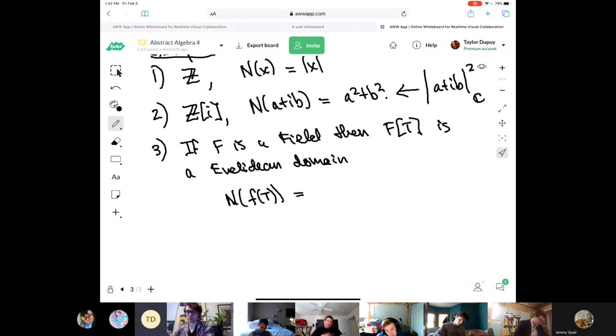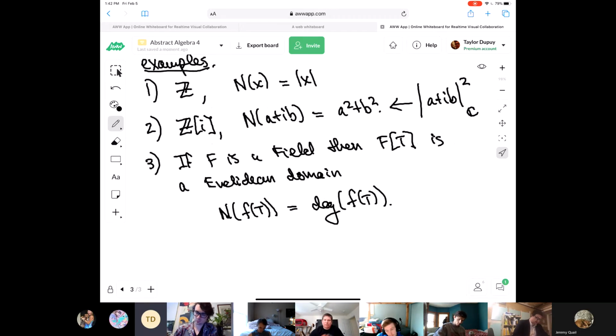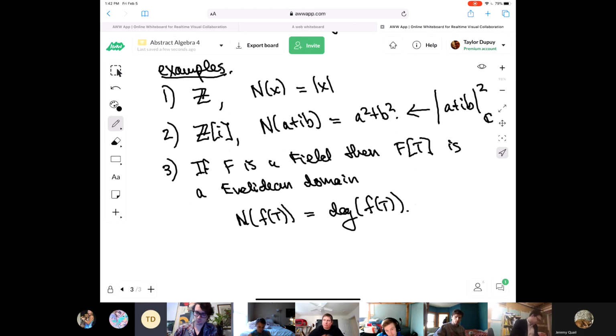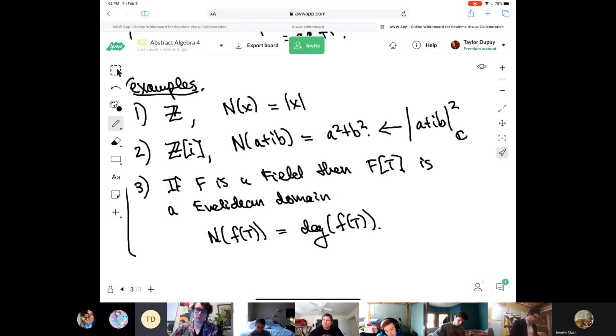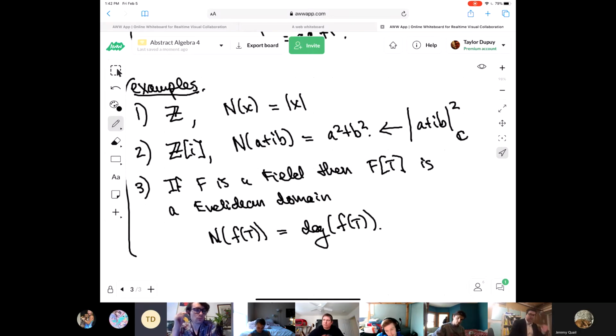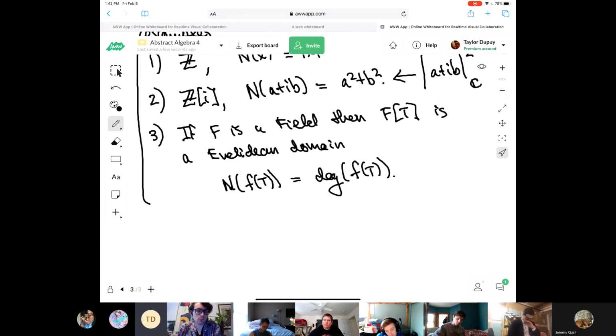It's the degree. And the division algorithm here is just the usual polynomial long division. I would encourage you to go read the section on the Gaussian integers in Dummit and Foote, and you should definitely go read that. The Gaussian integers are something that always pop up on quals.